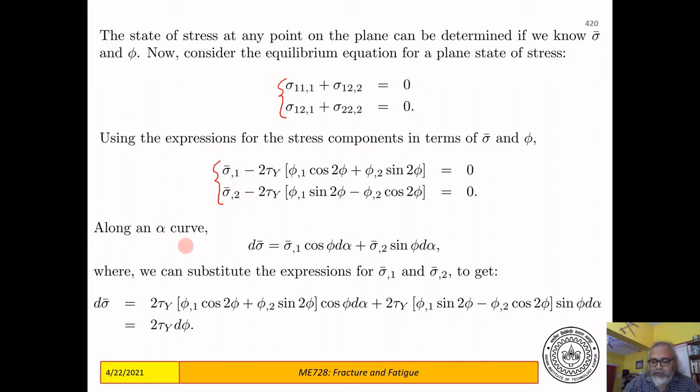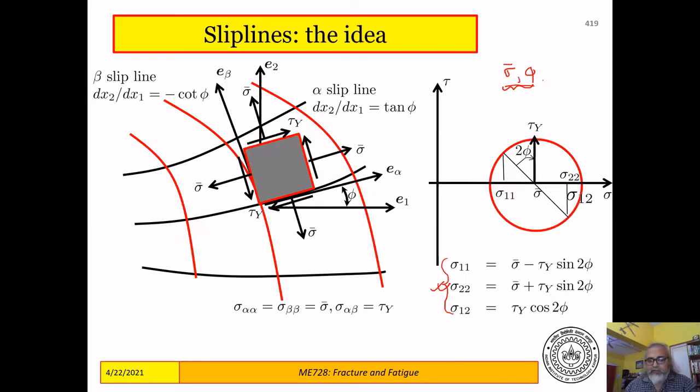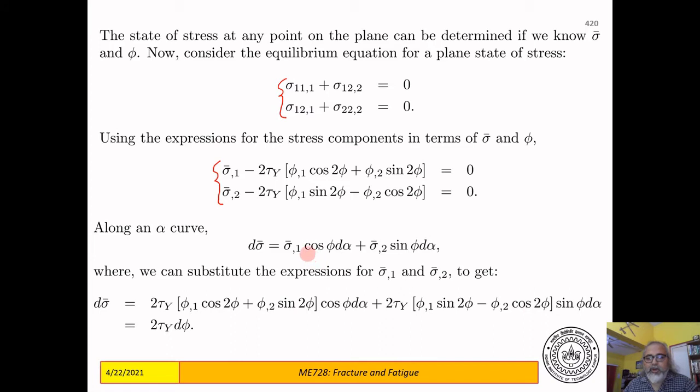Now along an alpha curve, if you move along an alpha curve, the variation d sigma bar will be del sigma bar del x1 dx1 plus del sigma bar del x2 dx2. This would be the variation according to the chain rule along an alpha curve, which is the black curve here. Now this dx1 and this dx2 can be written as cos phi d alpha and sin phi d alpha.